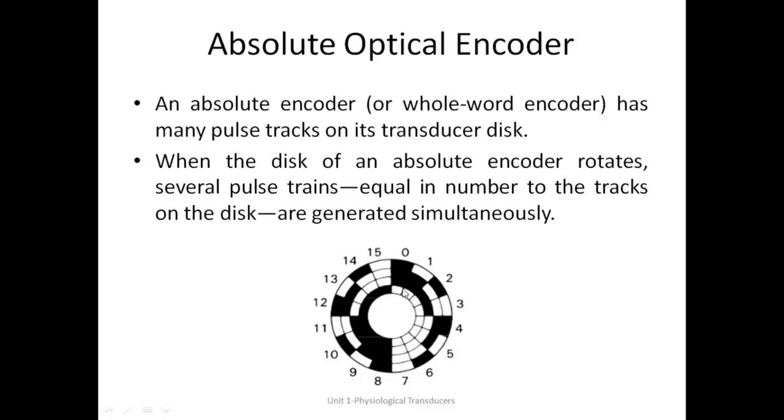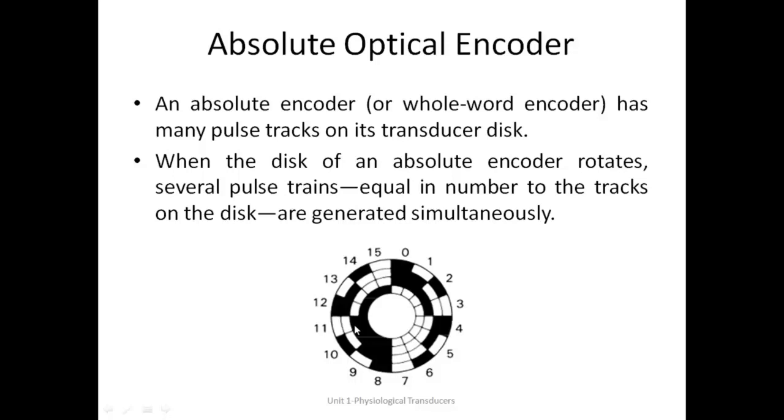Over here, suppose the disk is cut into 15 slots, that means the total 360 degrees has been divided into 15. So every slot corresponds to 24 degrees. That means if the output value moves from 0 to 1, your disk has moved in that direction by 24 degrees.